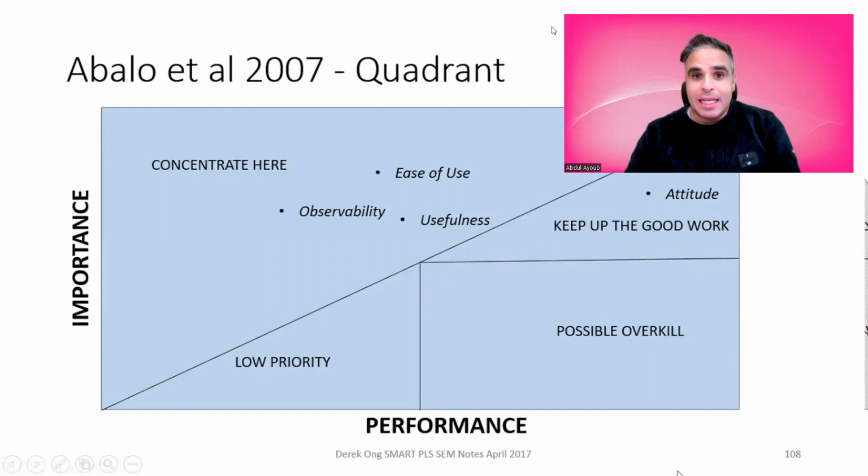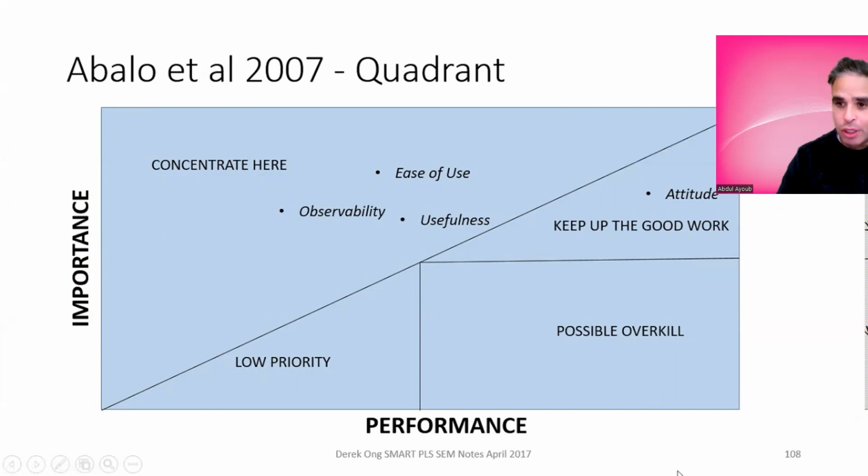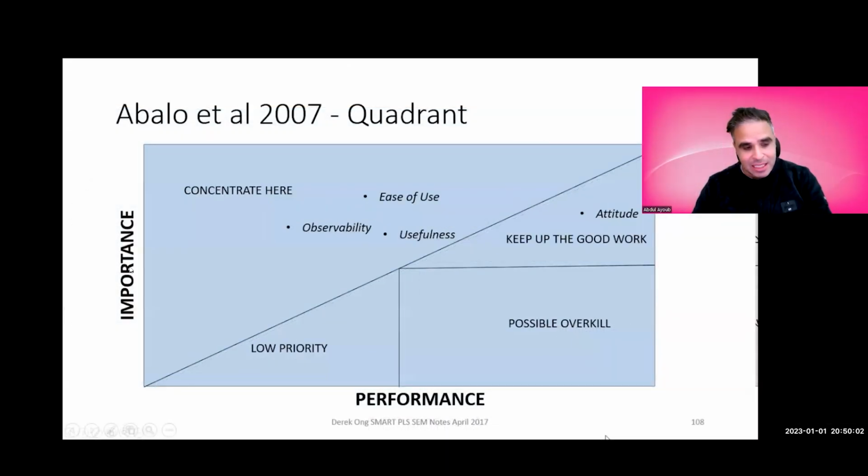Let's see this quadrant by Abalo et al., 2007. We have importance and performance, and we can imagine this as four quadrants.